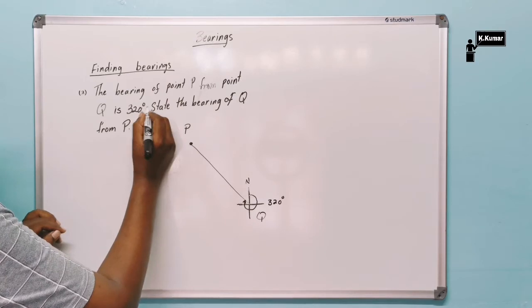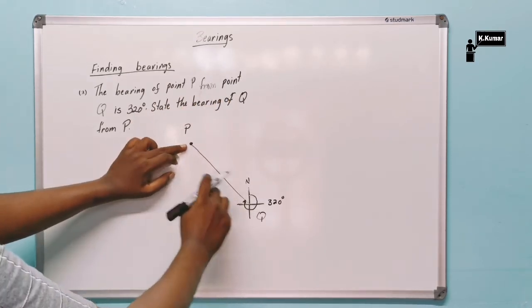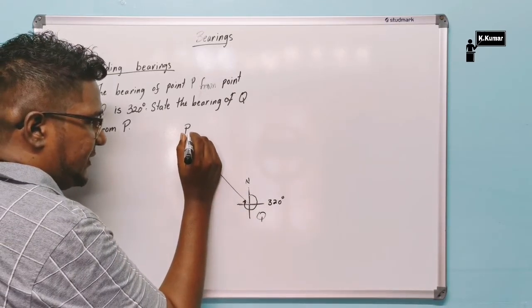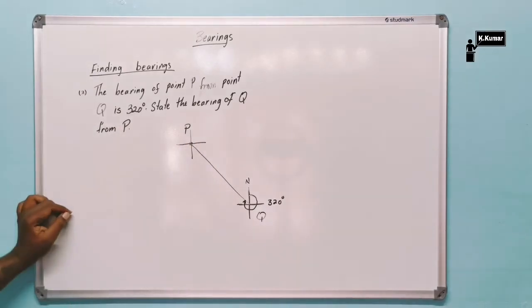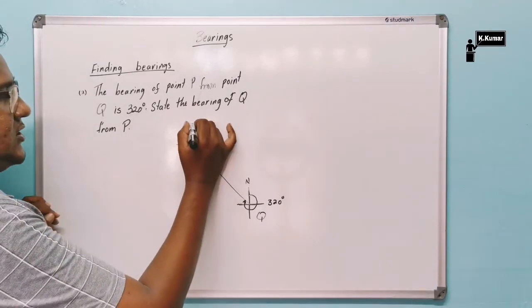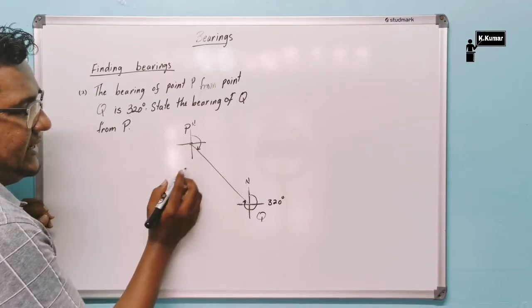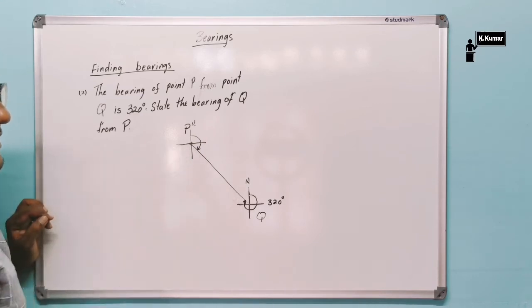They want the bearing of Q from P. So from P now, they want you to find the bearing of this line. So if we draw our cardinal points there, this becomes north. They want to know what is the bearing from the north line to this bearing line here.